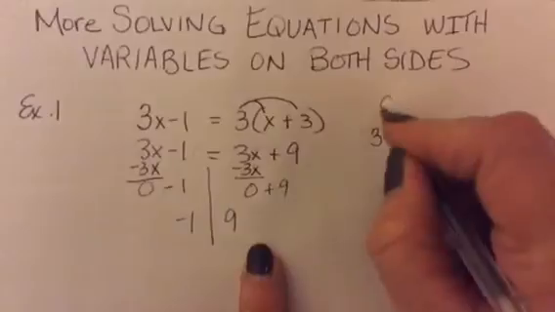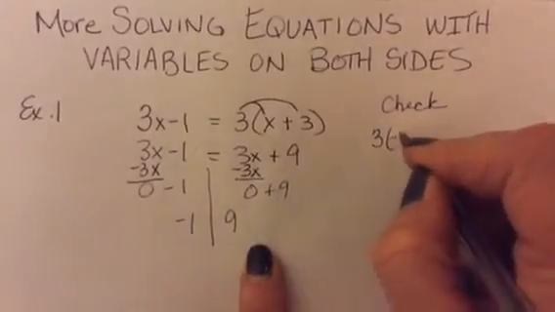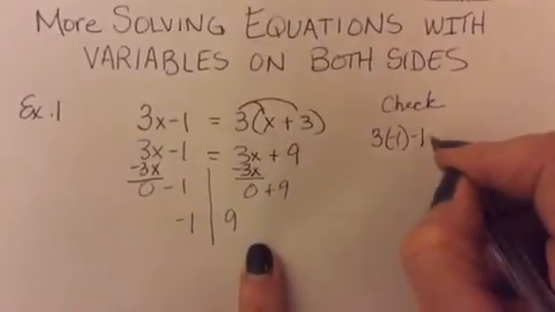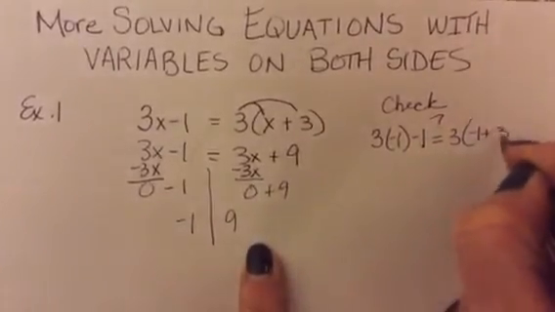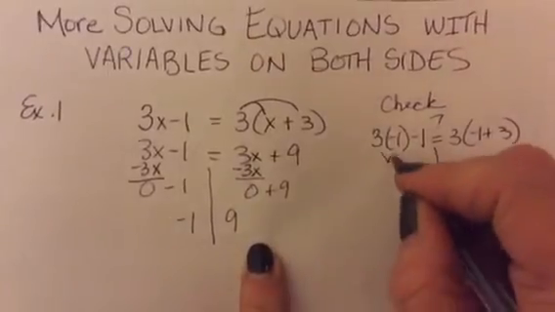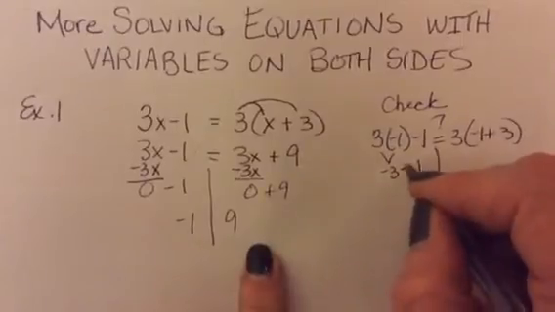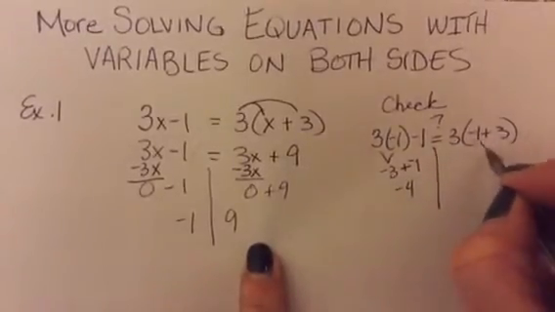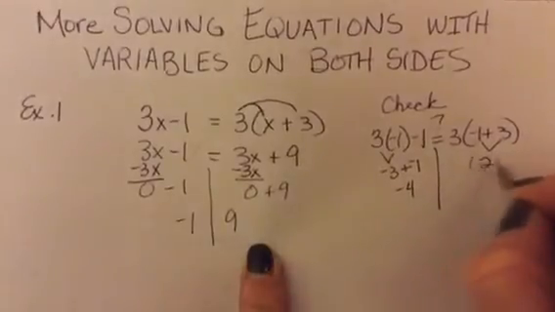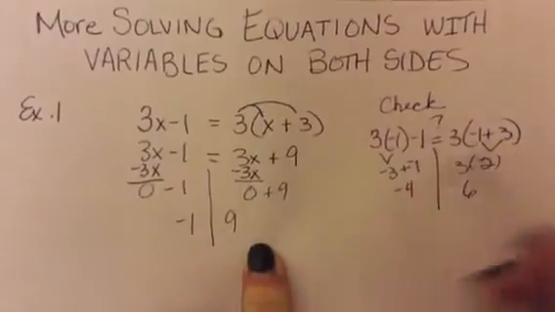So if I check this and try negative 1, does that equal 3 times negative 1 plus 3? Well, let's see. 3 times negative 1 is negative 3. Negative 3 minus 1, that's like plus negative 1, so that's negative 4. On this side, negative 1 plus 3 is 2. 2 times 3 is 6. Okay, no, it won't work. 9 won't work.